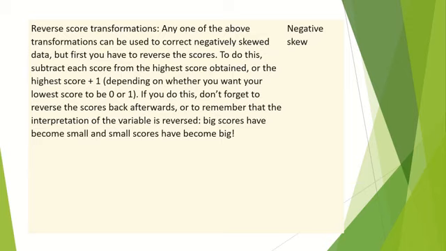If you do this, don't forget to reverse the scores back afterwards, or to remember that the interpretation of the variable is reversed, meaning big scores have become small and small scores have become big. Reverse score transformations can correct negative skew.